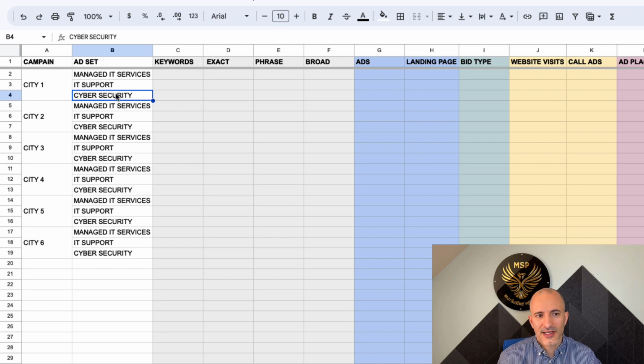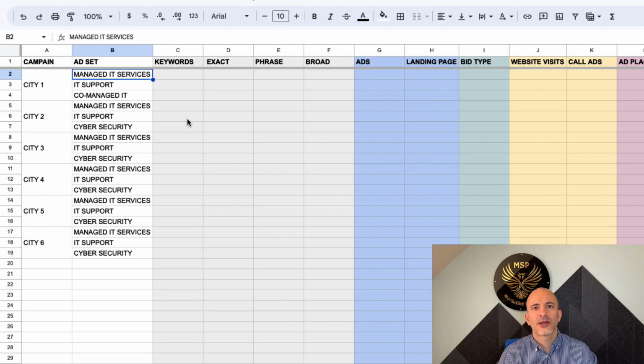Let's say instead of cybersecurity, we say co-managed. Someone that is looking for managed IT services is going to be different than someone that is looking for co-managed IT services, right? Let's say this is Portland. The reason is that it's very likely someone looking for managed IT services doesn't know too much about IT, right?